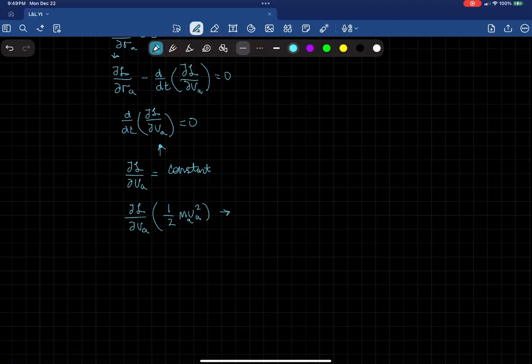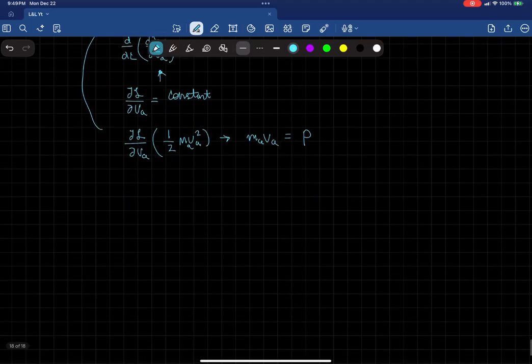Taking this derivative, we get just ma va, which we know from basic physics is the definition of momentum. Hence, momentum is conserved.